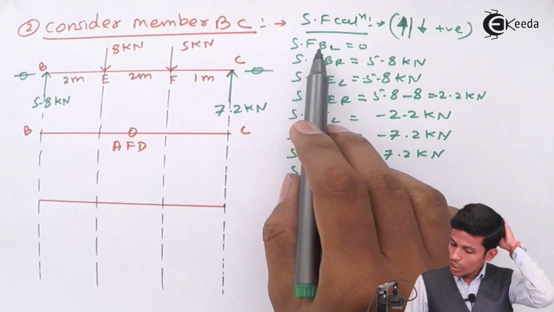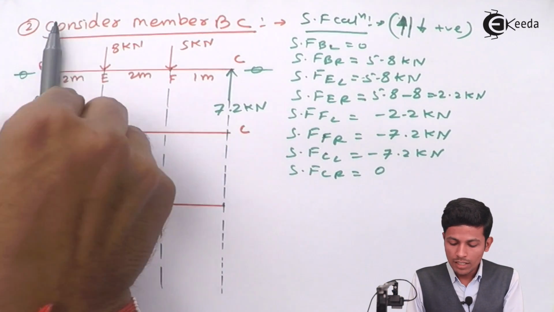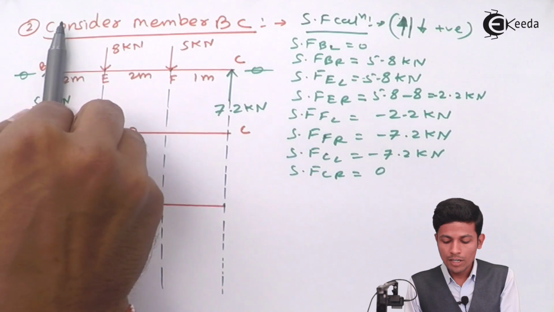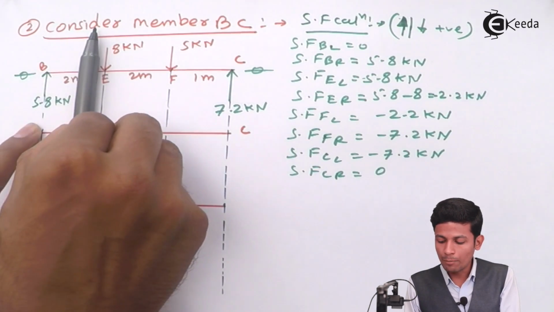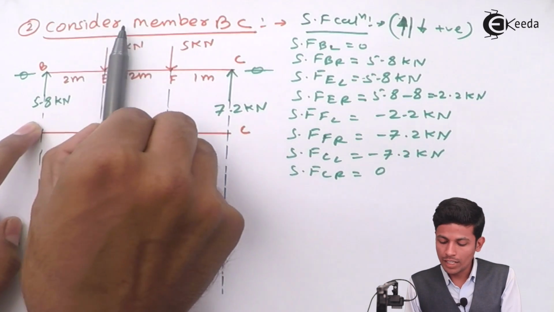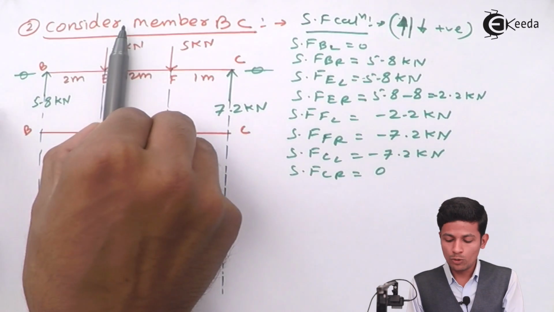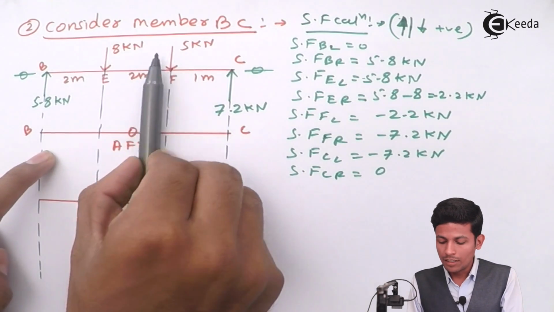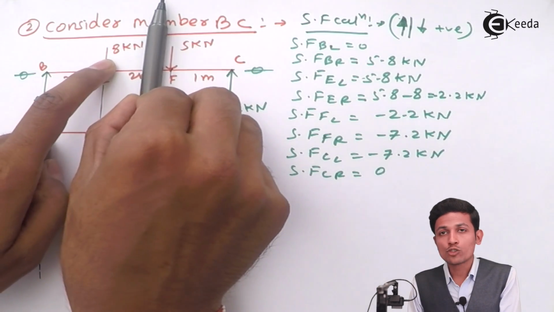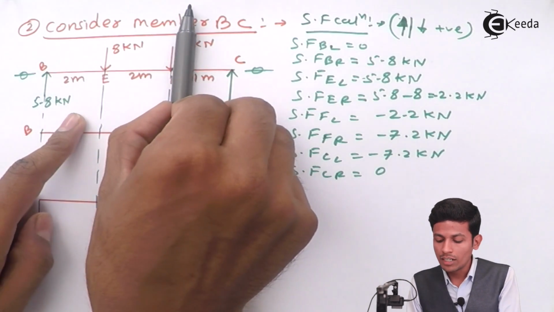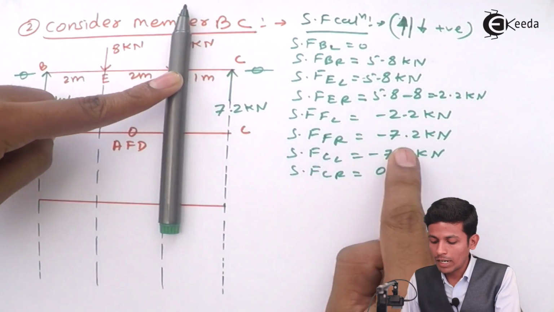We are taking a section over here and seeing this side, this will come 5.8. Now taking a section over here and seeing this side also, 5.8. Now taking a section over here, 5.8 minus 8 will come 2.2. Over here, 5.8 minus 8 is nothing but minus 2.2. Now taking a section over here and seeing this side, this will go upward, minus 7.2.